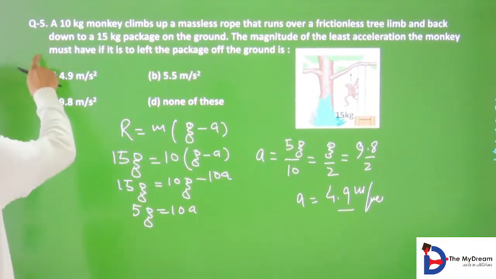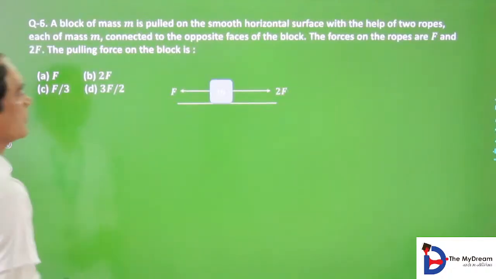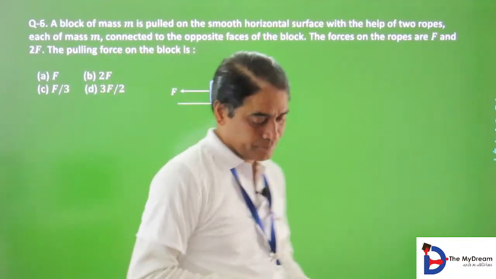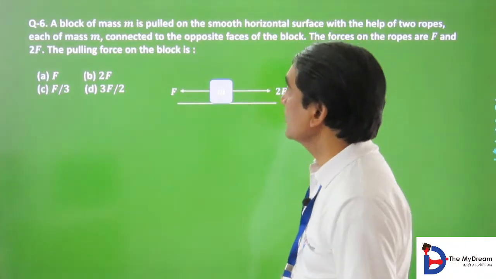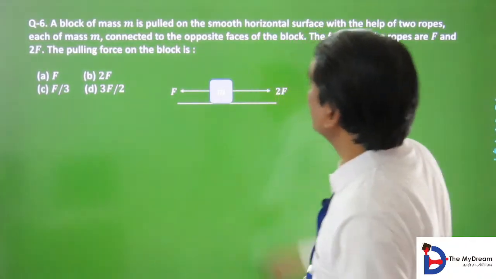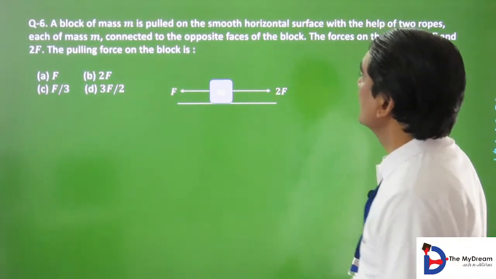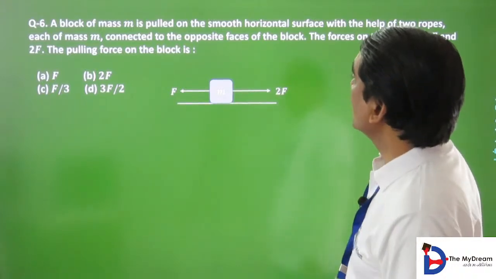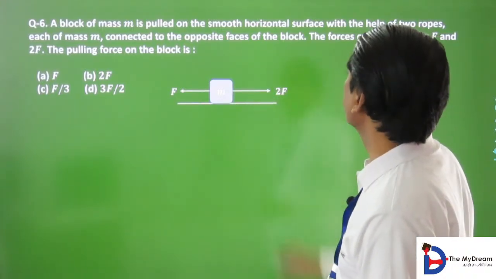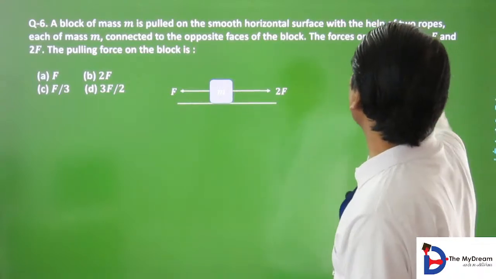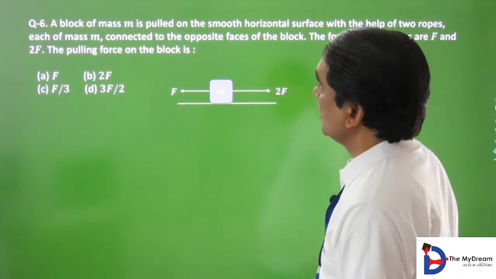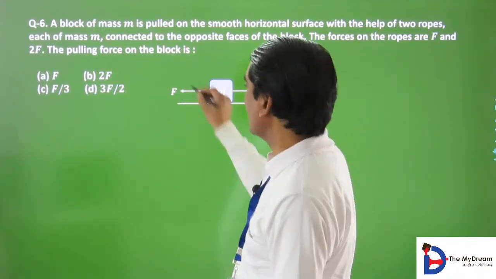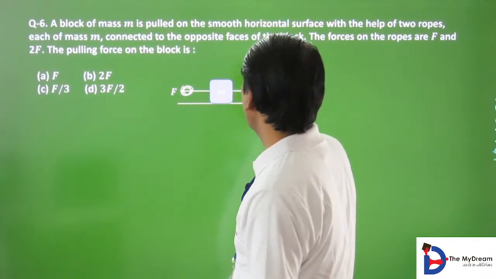So now the next question is, a block of mass m is pulled on the smooth horizontal surface with the help of two ropes, each of mass m. This one also has mass m and this one also.